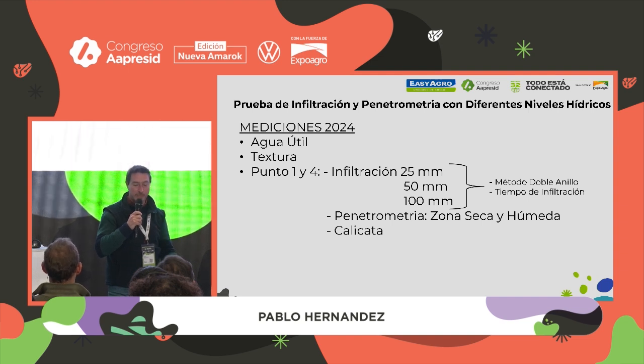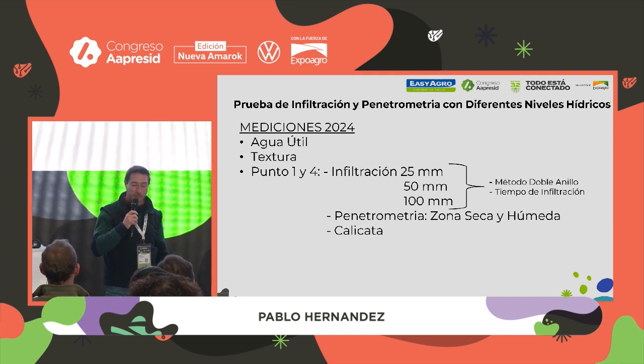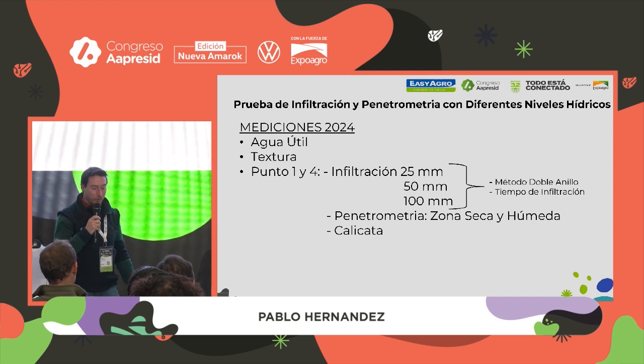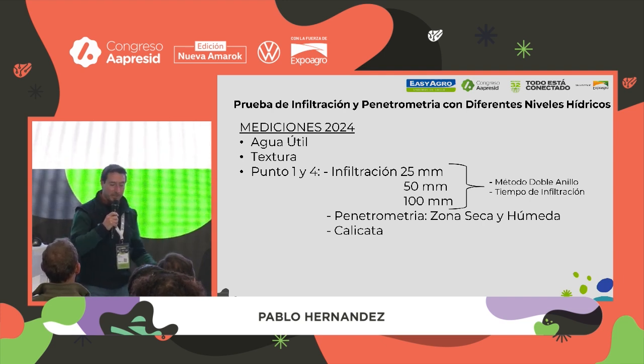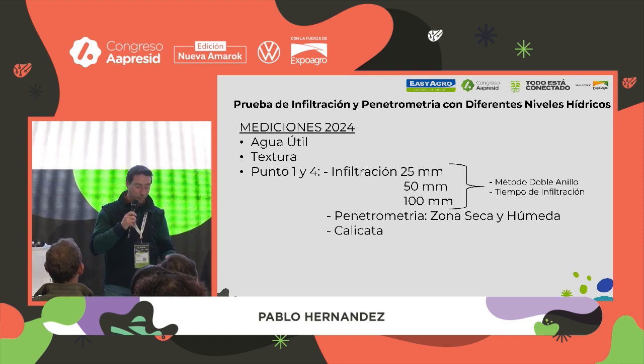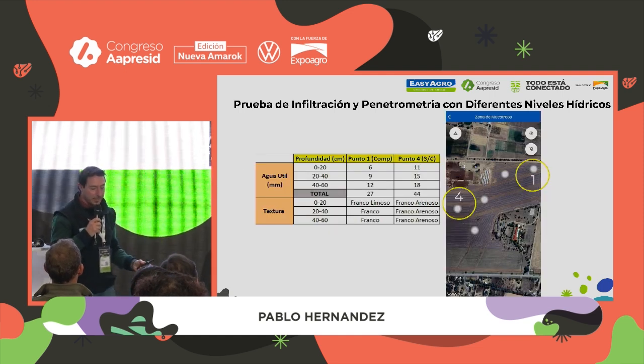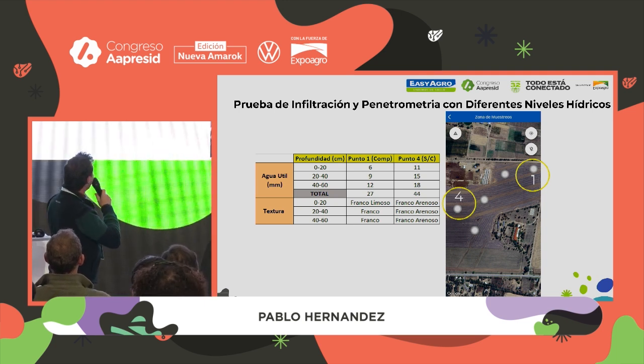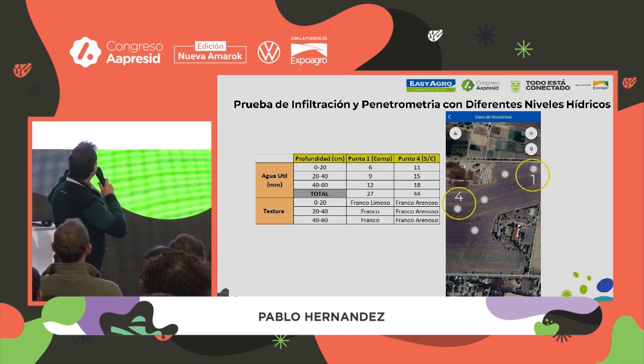evidence any problems. So we did an infiltration at 25, 50, and 100 millimeters with a double ring method, and we measured the time of infiltration at each of the locations. Then we did penetrometry in the dry area and then in the humid area, and finally the trial pit.